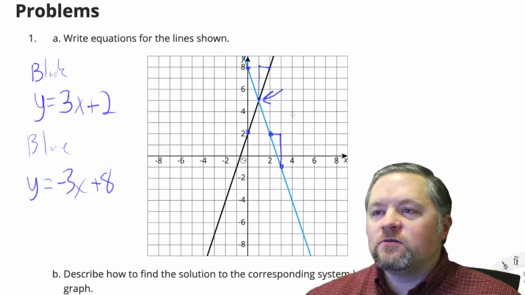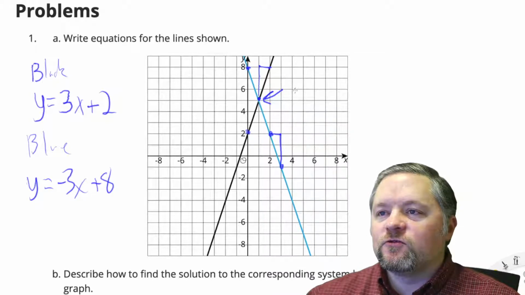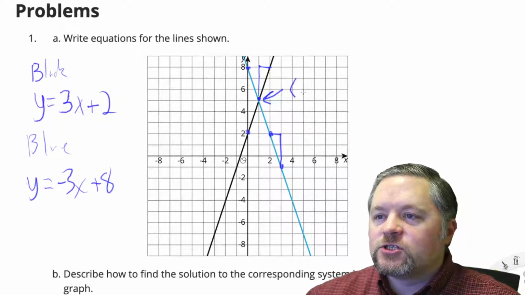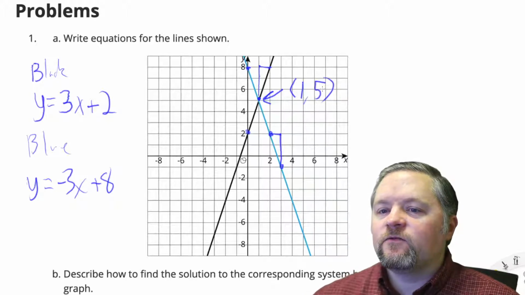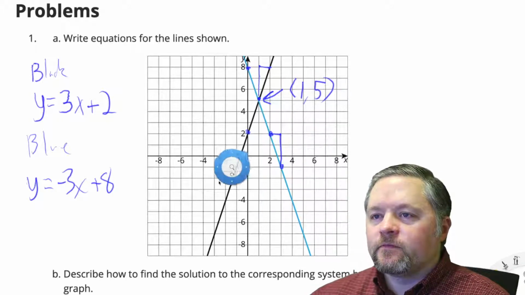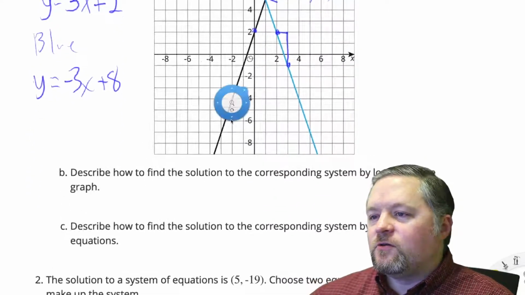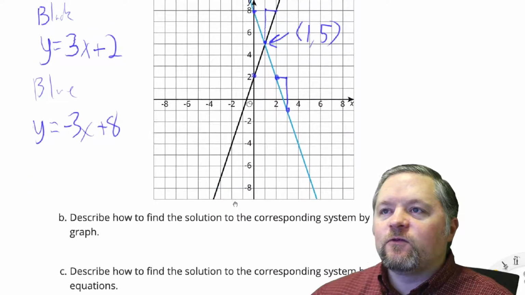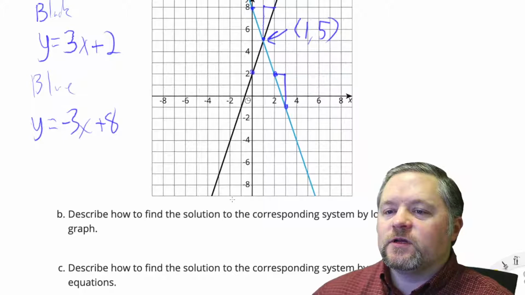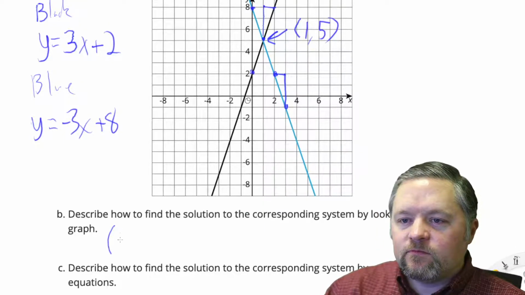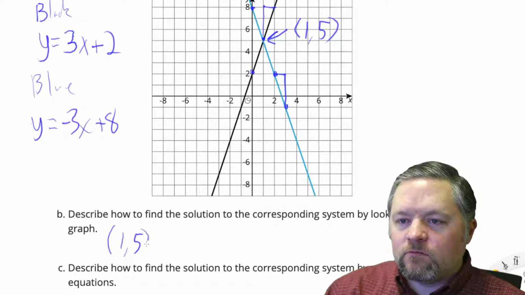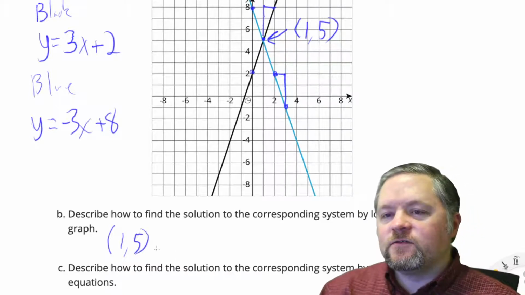This solution, the spot where both of those are true, is right here, which is the point (1, 5). So how do we find that? We look for the intersection of the two lines.